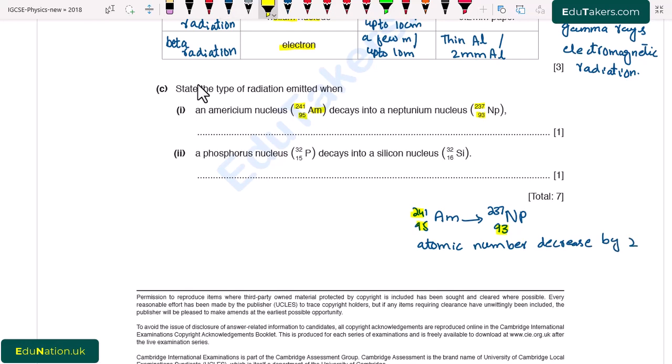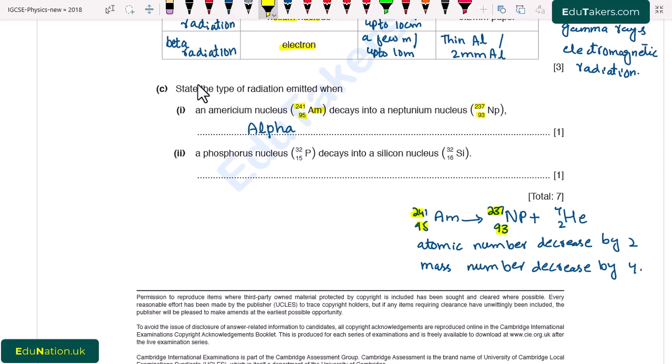It is 241 while it is 237. It means that the mass number decreased by 4. So the element whose atomic number is 2 and mass number is 4 is actually helium. So I write here helium 4 and 2. When I write this, we can see that it's a balanced equation. So I write here it's an alpha particle.